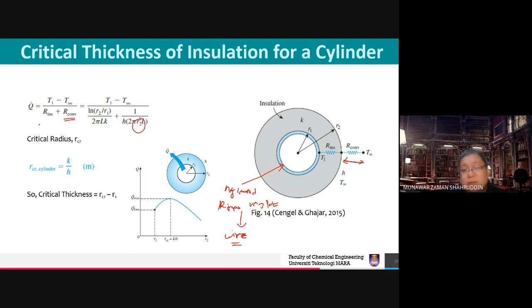There's no point of you to insulate because of R convection are dominating. So that is when we have some sort of limit for the radius of insulation. You call it as critical radius.